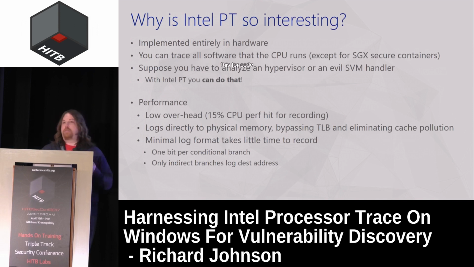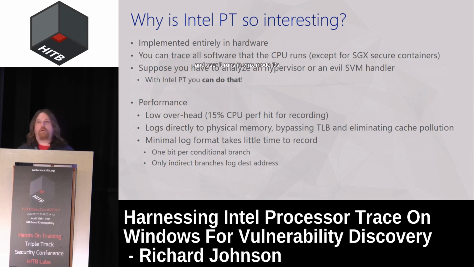But the reason that we're interested in this for code coverage is, number one, we can trace native binaries, so that's important. We don't need source code to add tracing logic to. It's implemented in hardware, so it's reliable. You don't have to do any sort of graph recovery to do instrumentation or anything related to the software at all. It runs, like I mentioned, in kernel and user.